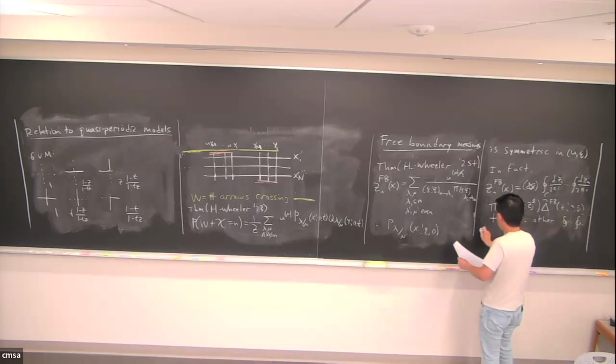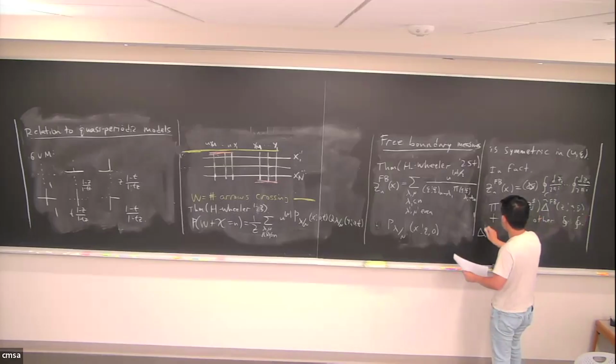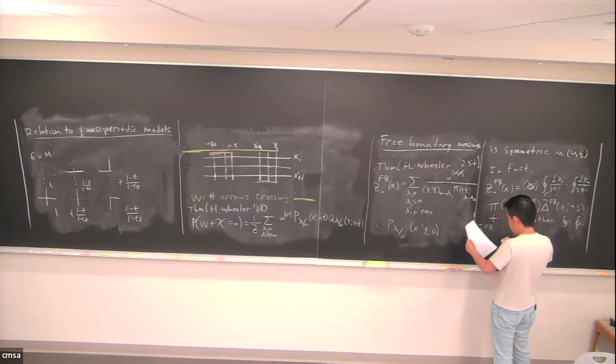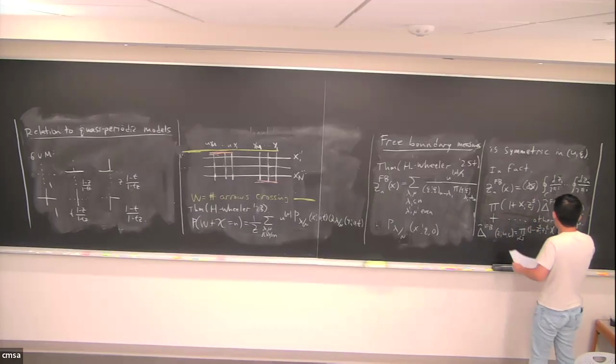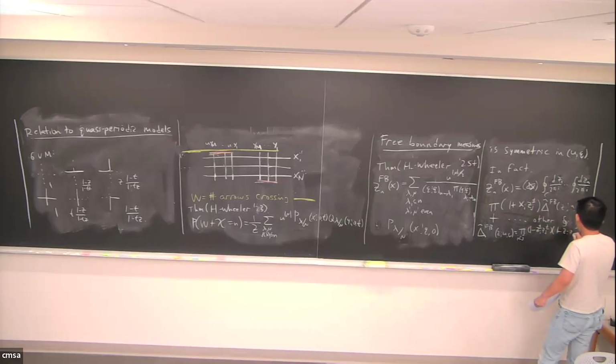Okay, but let me define delta FB. This free boundary kernel has the following form. In some sense, it's what you expect. You take what we had before, and you just add plus minus signs everywhere.